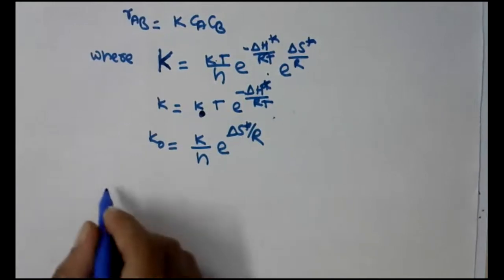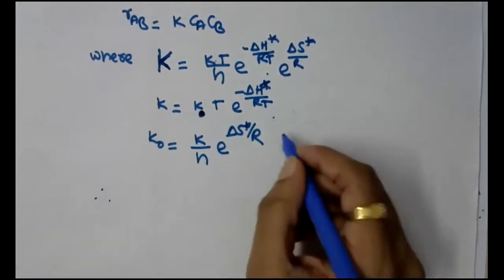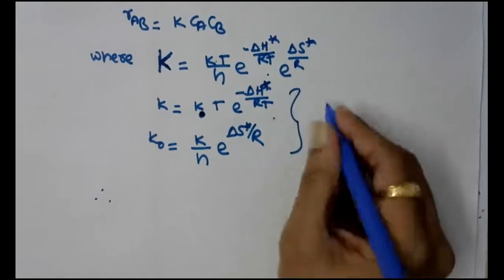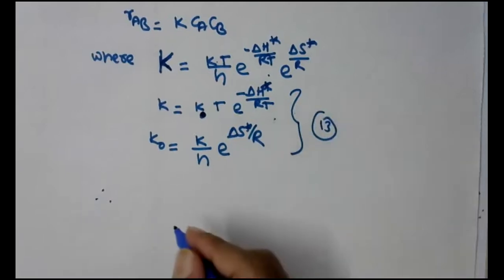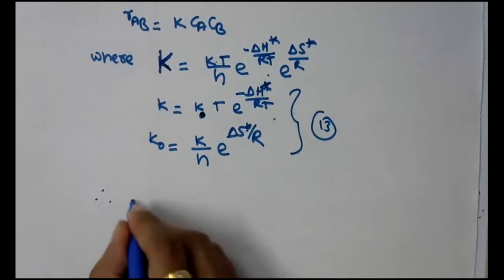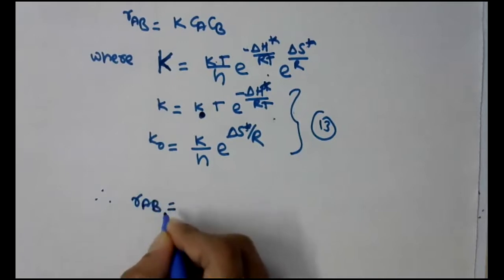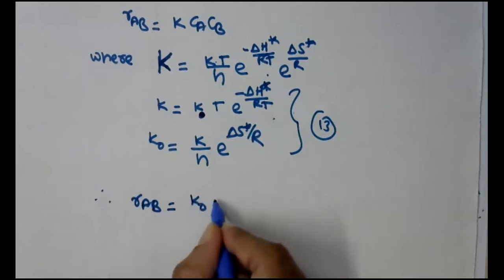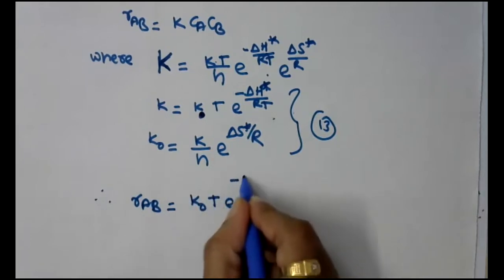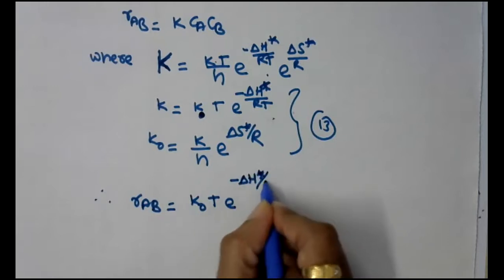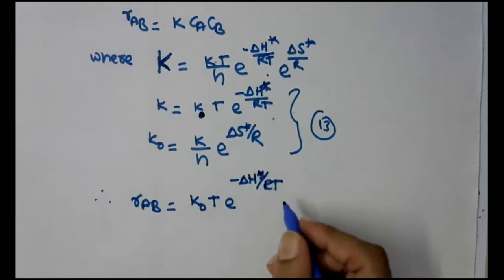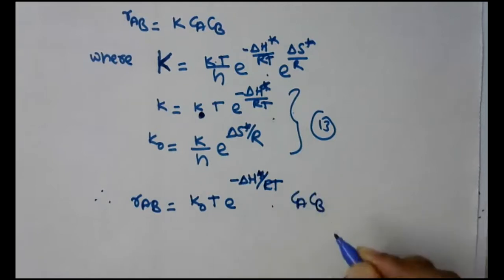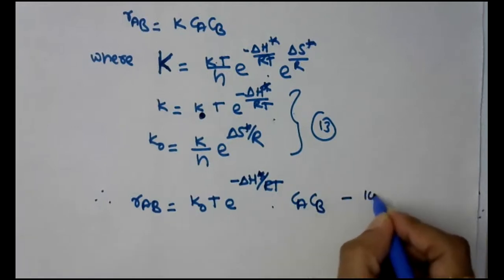If we substitute this, let us say equation 13, in equation 12, then we can write RAB is equal to K0 T e raised to minus delta H star divided by RT into CACB. This is equation number 14.